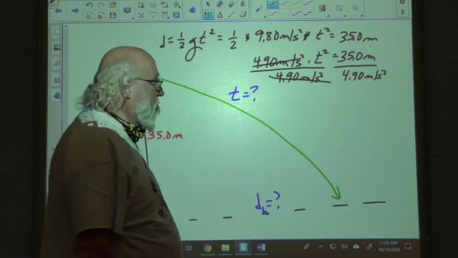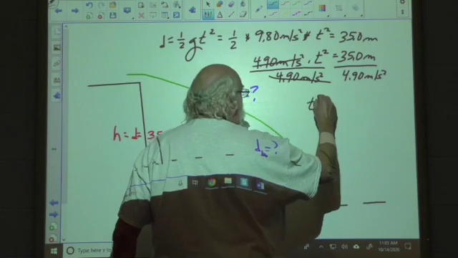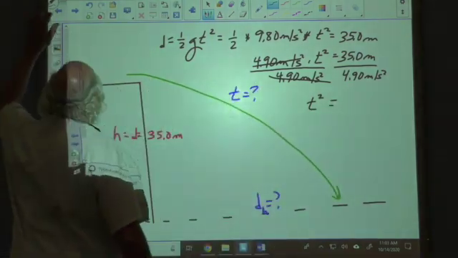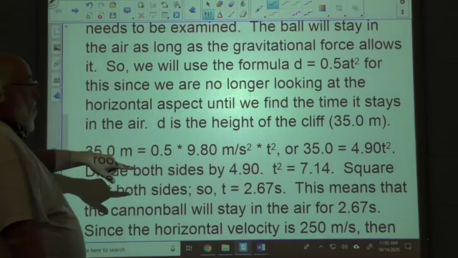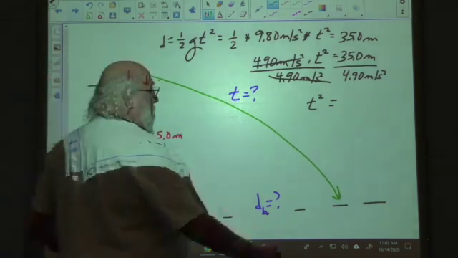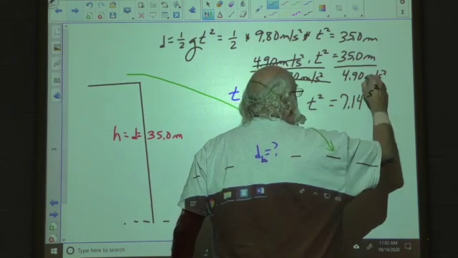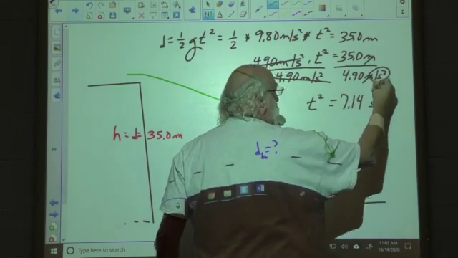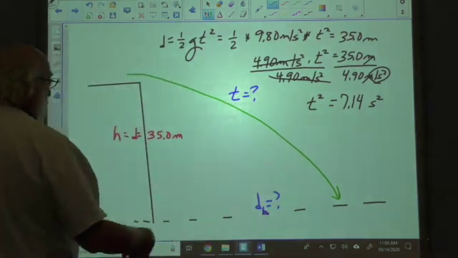And then this is going to give me a value for t squared. I've done that on the script, so if I take a look at the script, I see that value is 7.14 seconds squared. The meters cancel out, we have seconds squared in the denominator of the denominator, which puts it into the numerator.